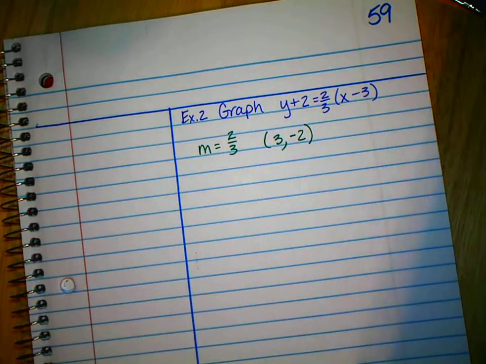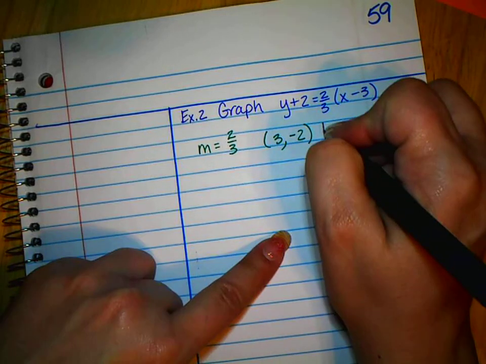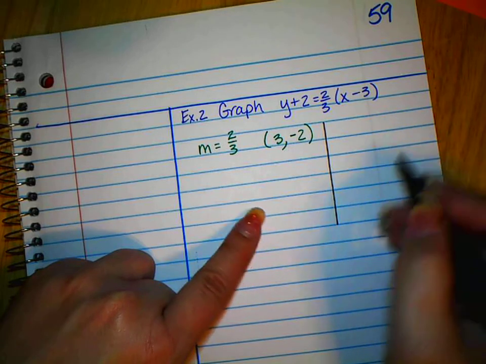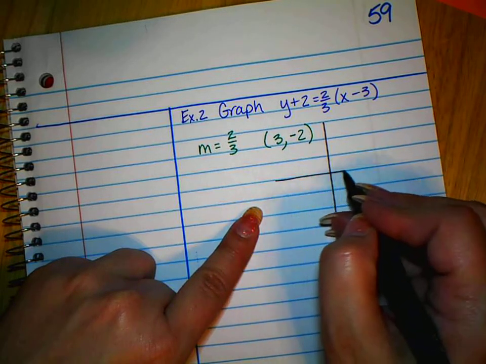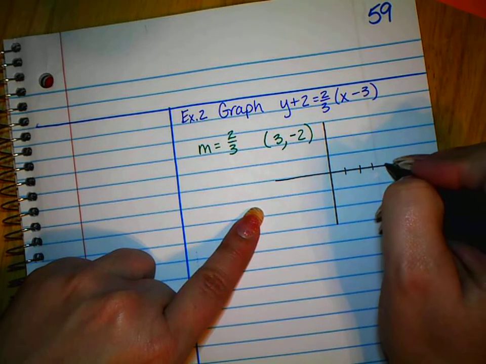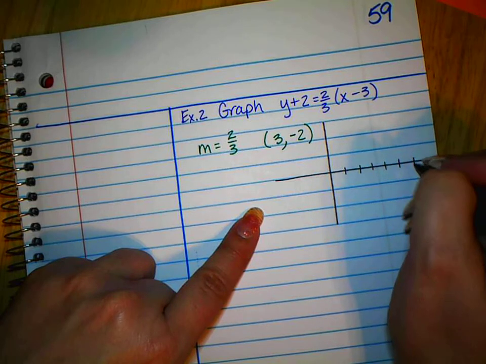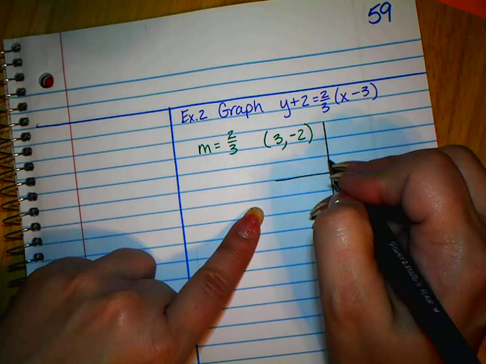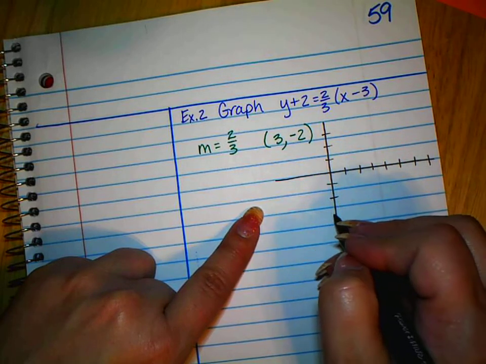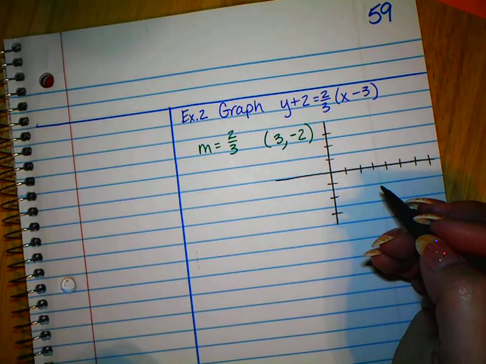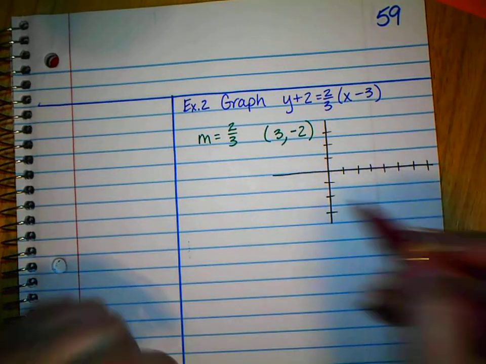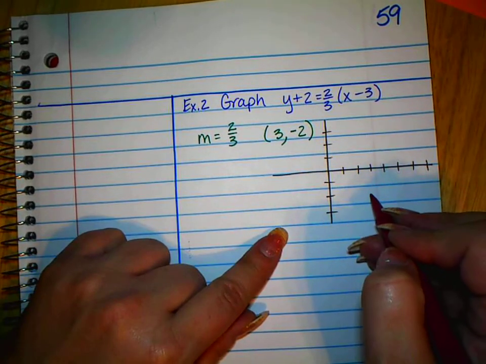And we want to graph it. Let's graph it. Let's see. 3, -2. 1, 2, 3, 1, 2.